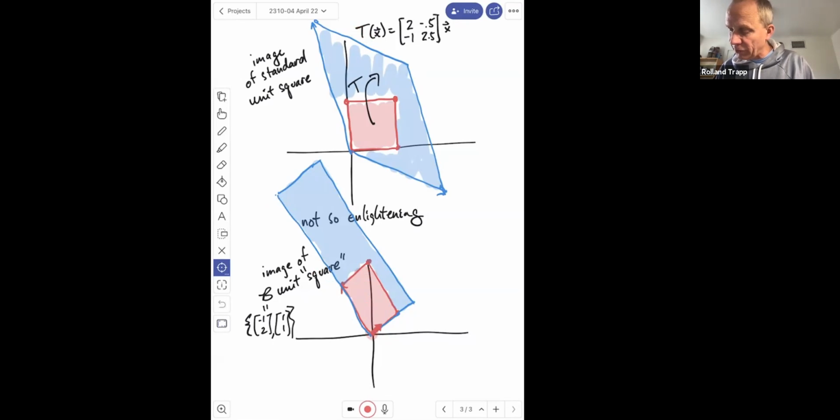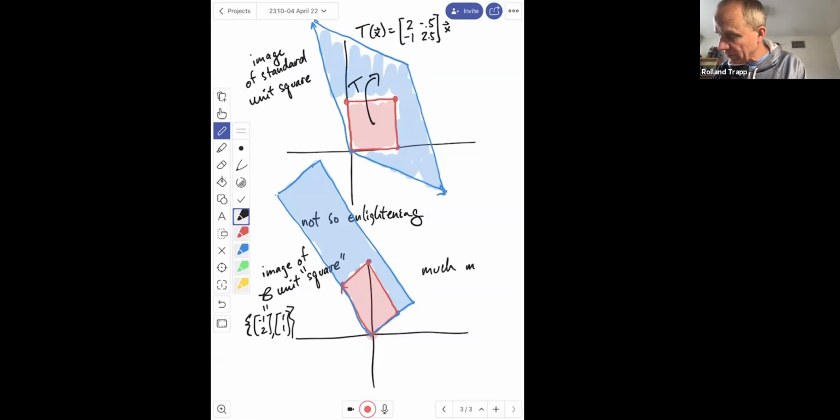It stretches along both sides. On the one side, it stretches by a factor of 3. On the other side, by a factor of 3/2. So this is much more enlightening, much more aesthetically pleasing. It just seems to add a little bit more structure to what your transformation is doing.